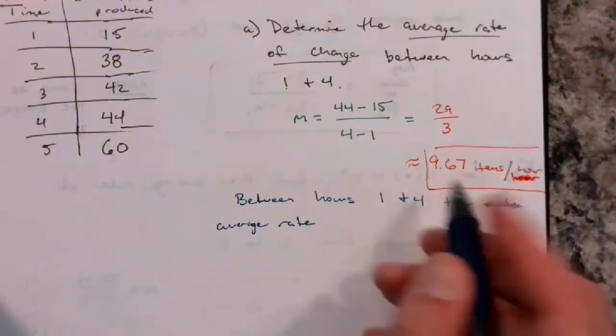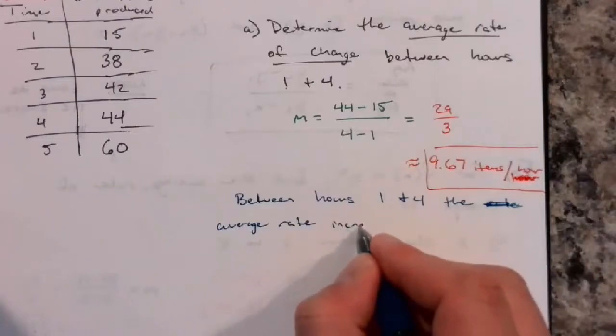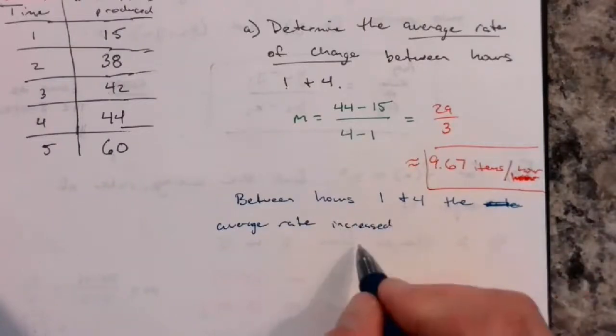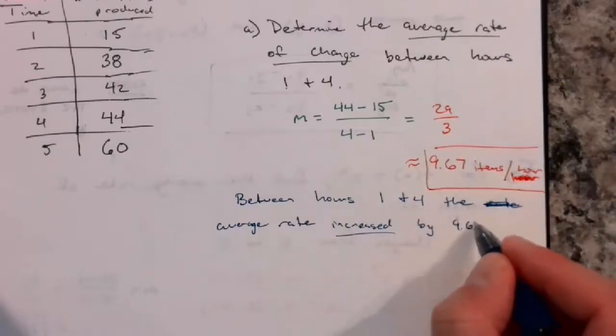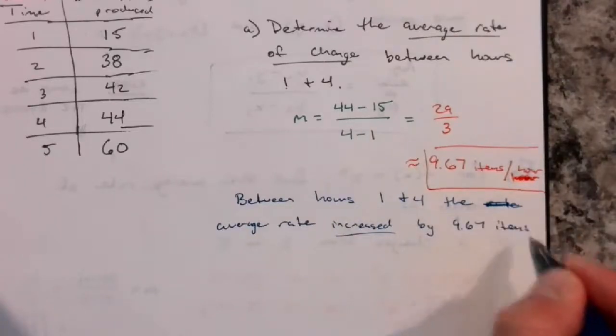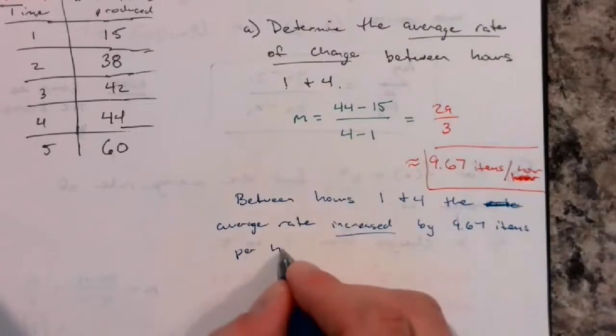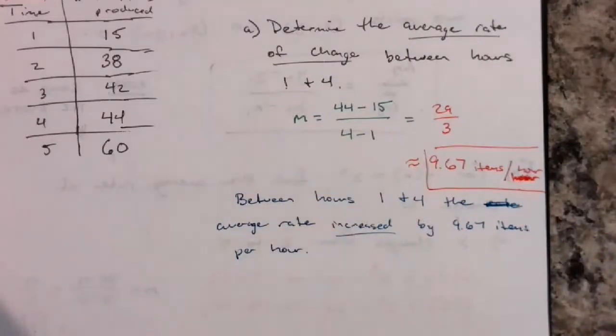It's a positive number. You should say this word increased. If it was negative, you'd say decreased. So increased by 9.67 items per hour.